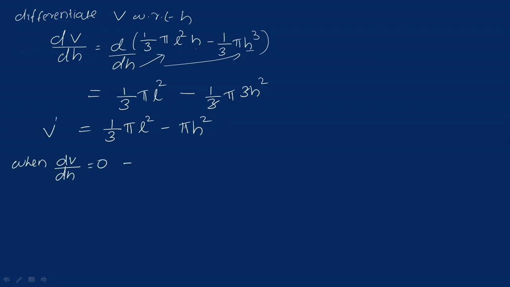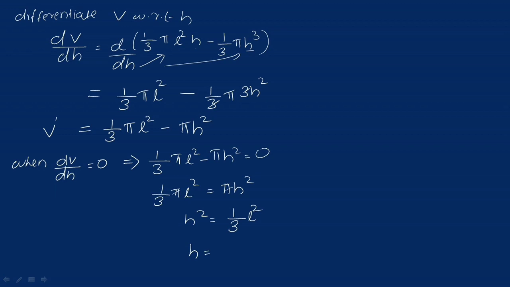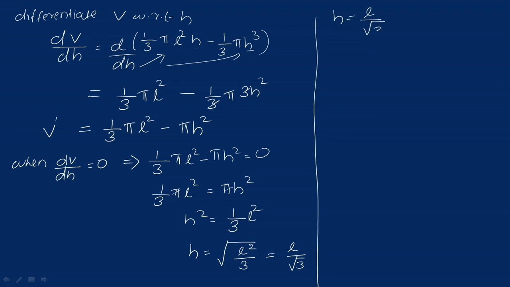That is dV by dh, or V dash. Now when dV by dh is equal to 0, we have 1 by 3 pi L square minus pi h square equal to 0, or 1 by 3 pi L square is equal to pi h square. From this, h square is equal to 1 by 3 L square. Pi cancels. So h is equal to root of L square by 3, or L by root 3. So we have got h, that is L by root 3.